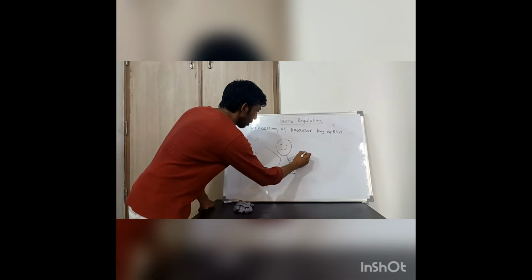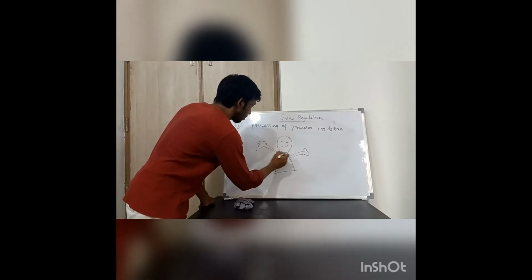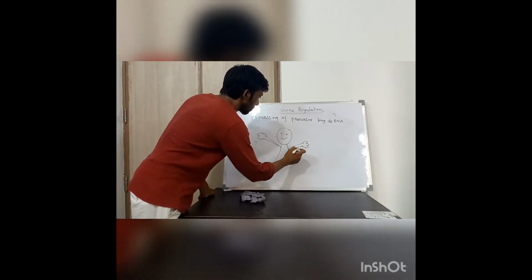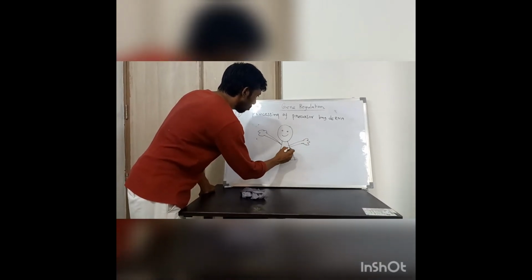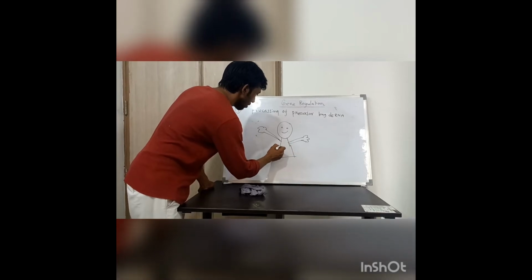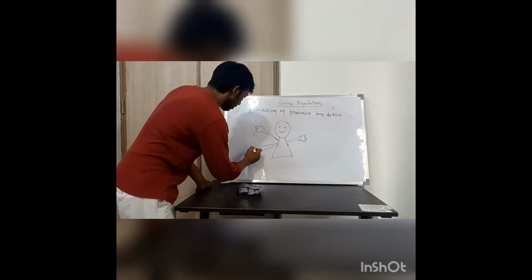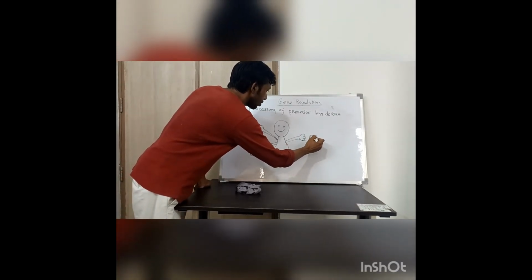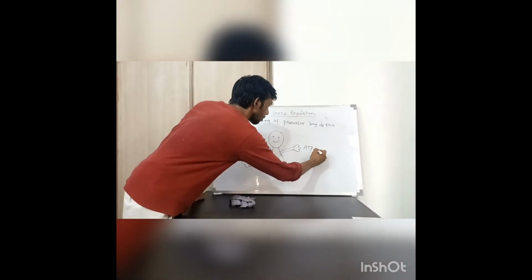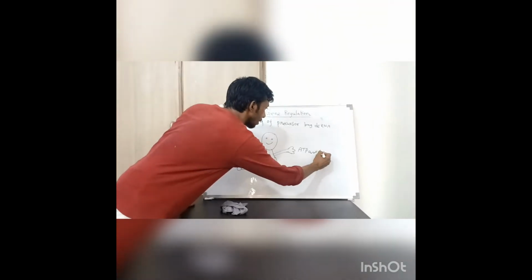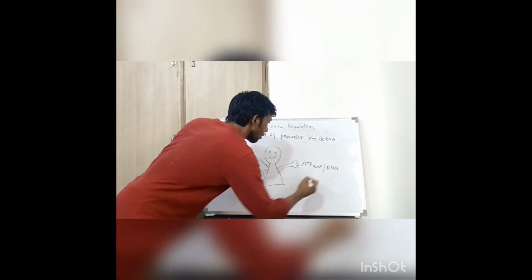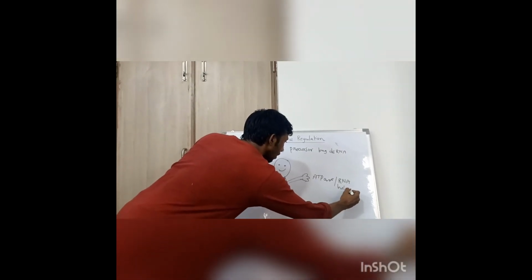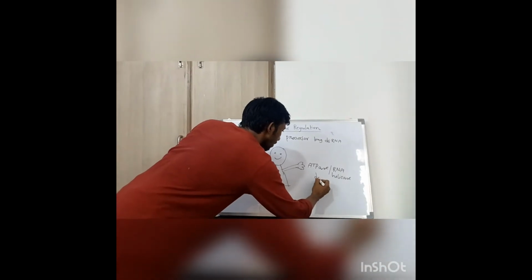It has 3 hands, and one domain on each hand. The first domain is the ATPase, RNA helicase domain.